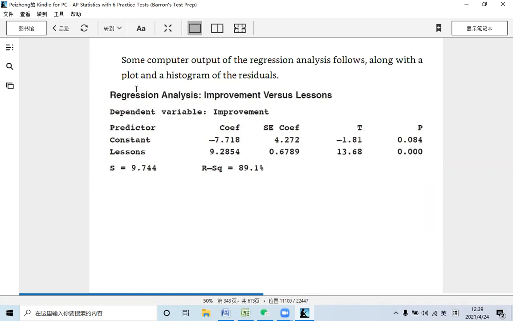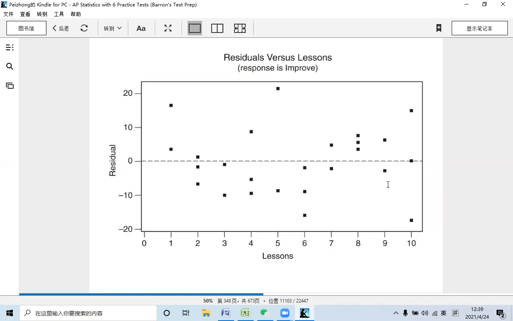The residue, this is the residue plot. What is the residue plot for? The middle point is 0.